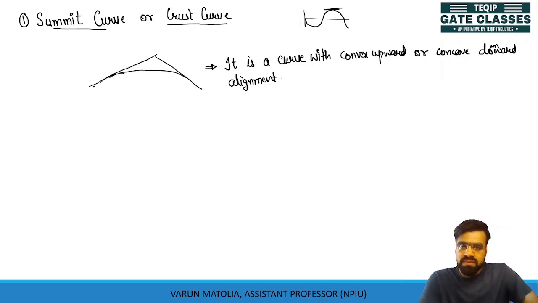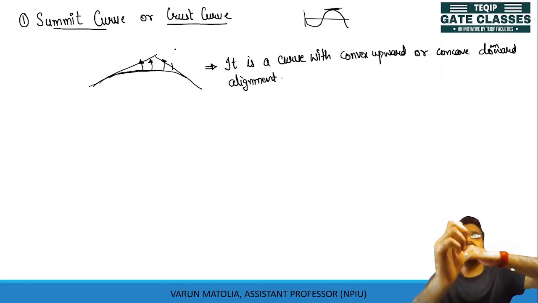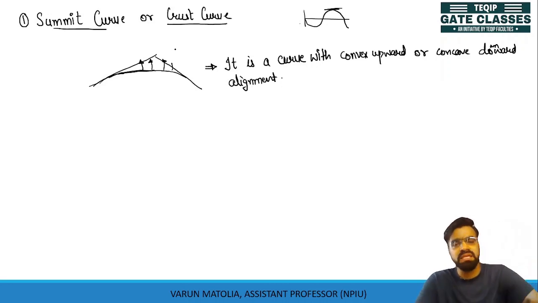If you see this curve, this is convex upward, and if we say downward, it is concave.